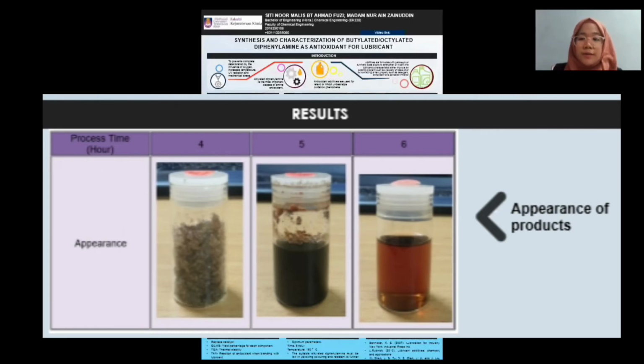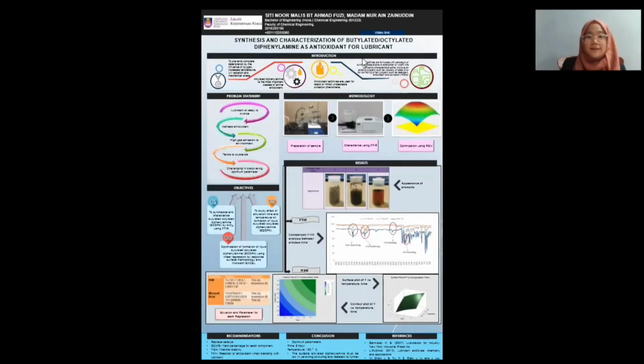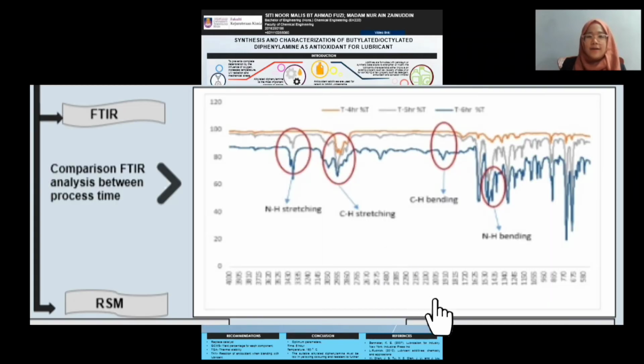Based on previous study, the antioxidant should not be too yellow because it is associated with a higher amount of unsubstituted diphenylamine in the sample, which is unwanted and might sensitize human skin to other irritants. Next, the sample is analyzed using FTIR. FTIR is needed to determine the infrared spectrum of absorption for the sample.